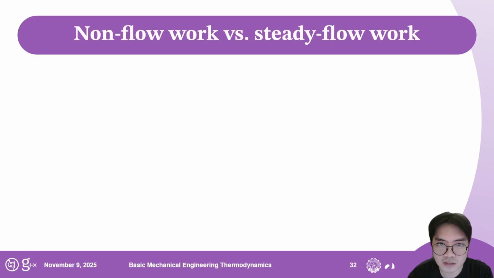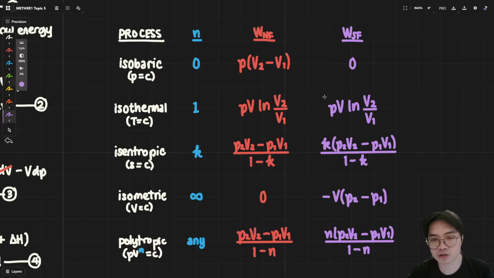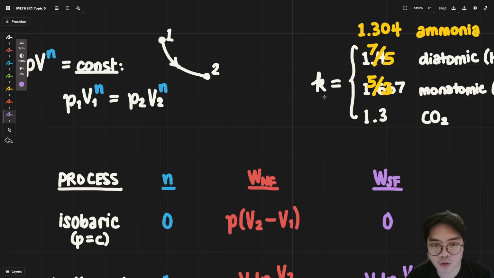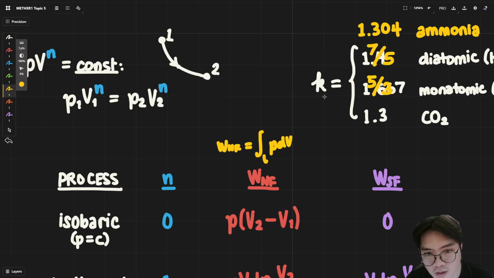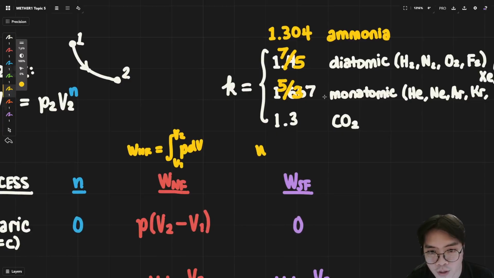You might say to yourself, there are so many. Just so we get a full recap, for work non-flow there's a general formula: the integral of PdV from your initial volume to your final volume. The work steady flow also has its own formula, the one we just saw earlier, negative VdP from P1 to P2.